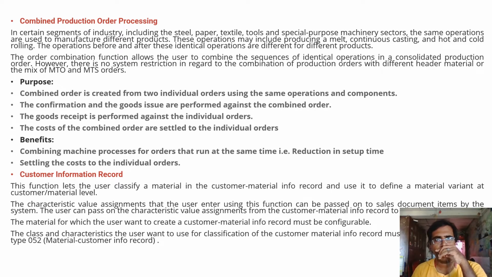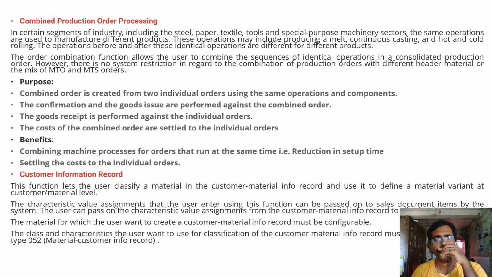Okay, that is what they are trying to say: the steel, paper, textile, tools, and special purpose machine sectors have the same operations used to manufacture the different products. These operations may include producing a melt, continuous casting, and then hot and cold rolling. The operations before and after are different for the different products.